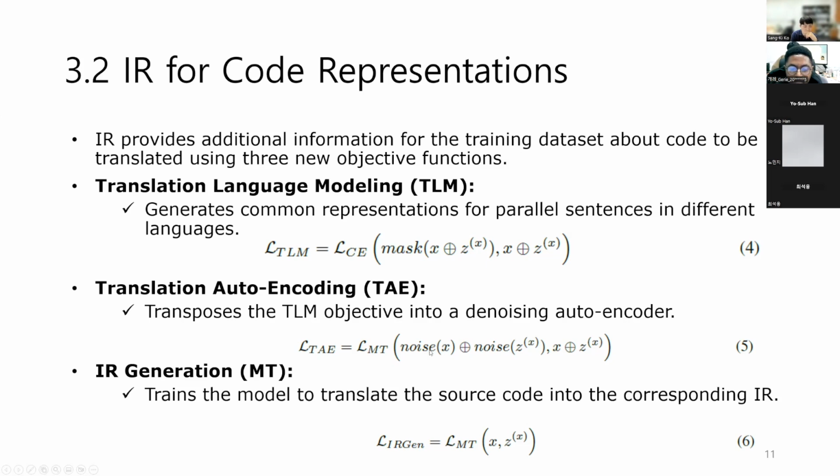It takes the noised X sequences, concatenates them with the noised IR representations, then recovers the original augmented sequence. The third objective is the same as the compiler's process: it takes the source code, then generates its IR representation.